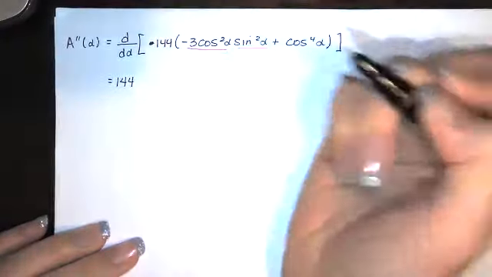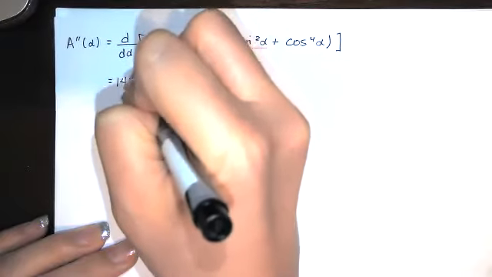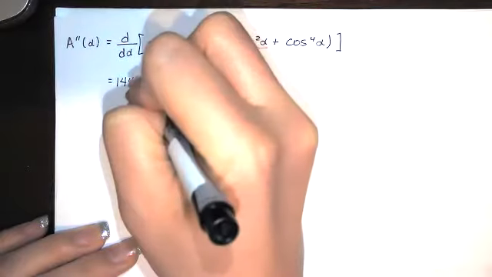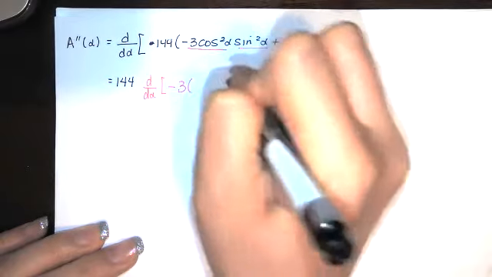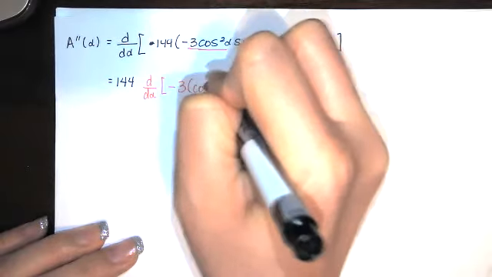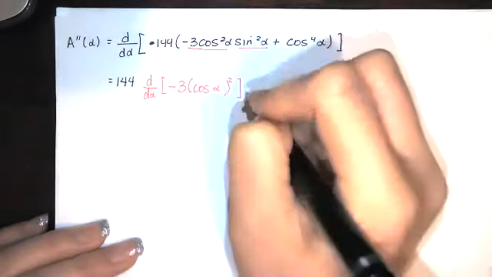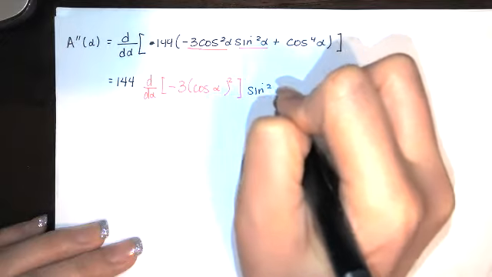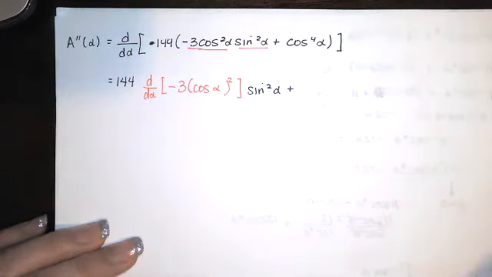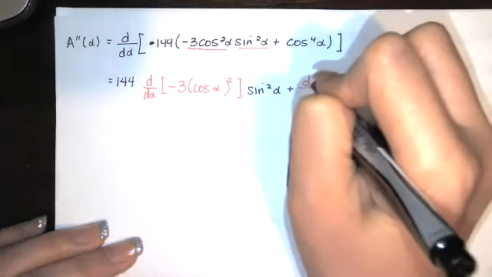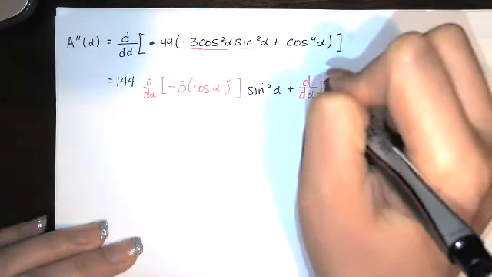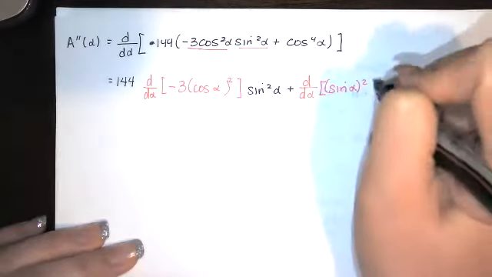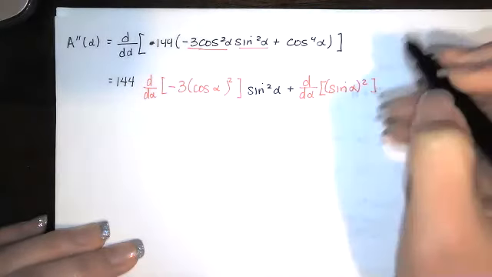I'll call that my first function. Let's say we have the derivative of the first with respect to alpha, and I'm going to write that as cosine of alpha squared times the second undifferentiated, plus derivative of the second with respect to alpha times the first undifferentiated.